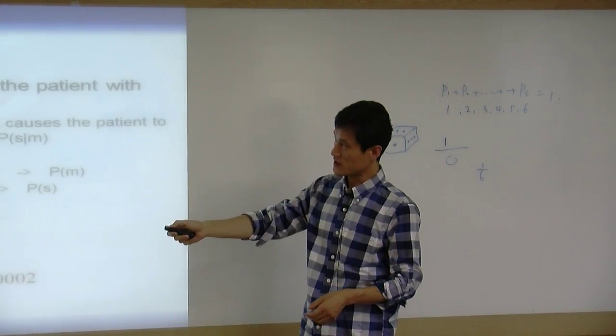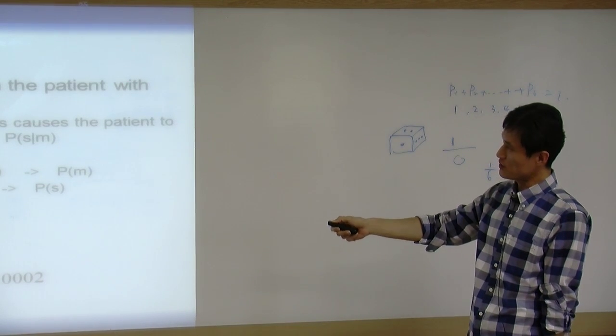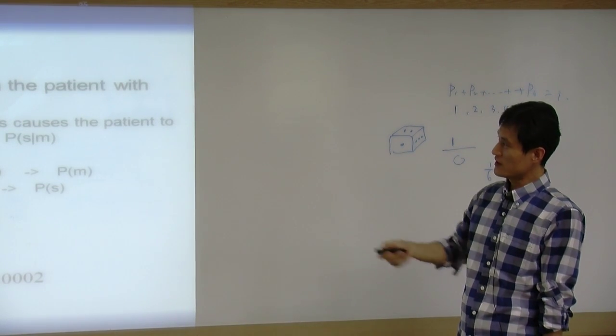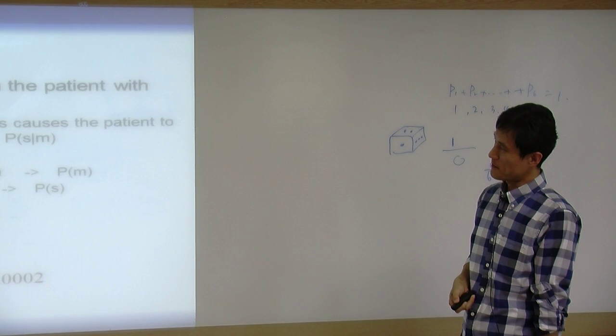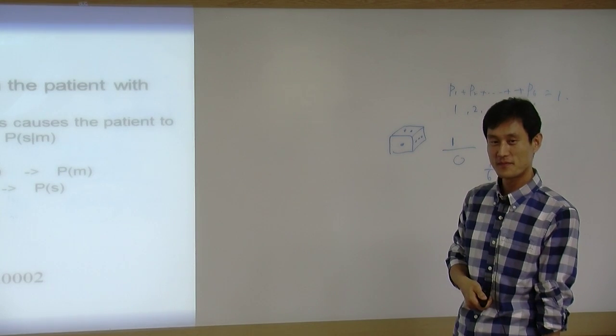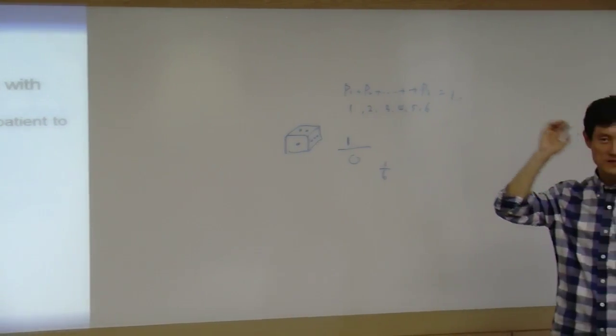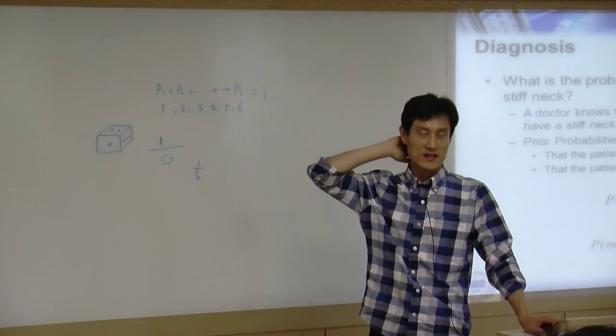So now, the question is, what is the probability of meningitis in a patient with a stiff neck? I don't know how you call it, meningitis. This is one of the diseases, where you have some problem in the brain.